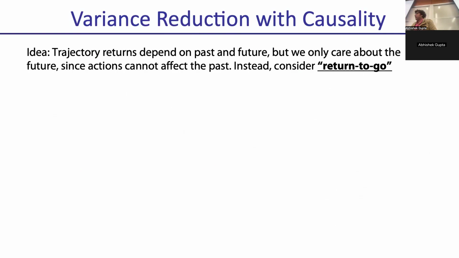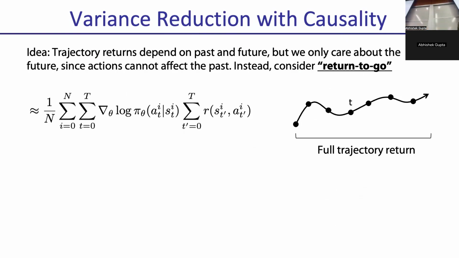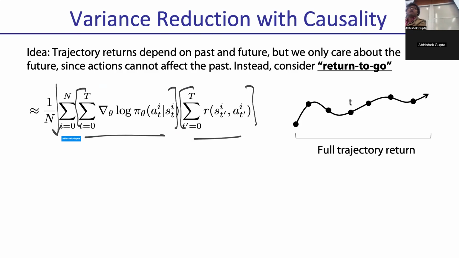Okay, so we're going to try a bunch of things to reduce variance. The first thing is pretty easy to understand. Like Evan was just asking about, the indexing is pretty important. In the current version of the indexing, you're summing up the reward for a full trajectory, you're summing up the grad log pi for a full trajectory, and then you're averaging it over many trajectories.